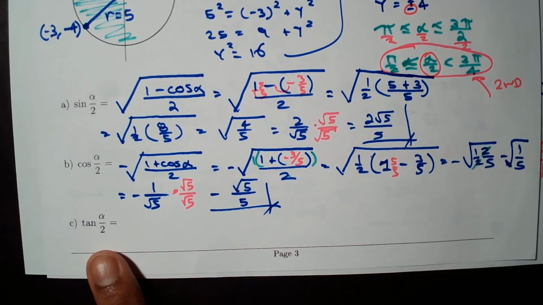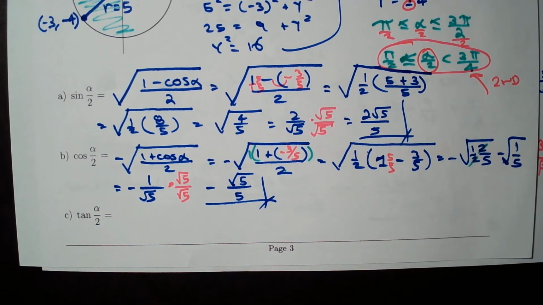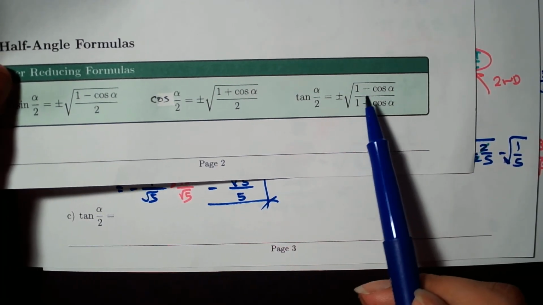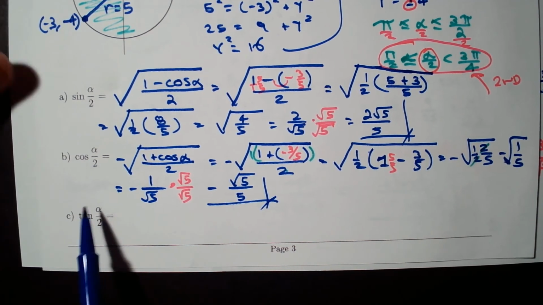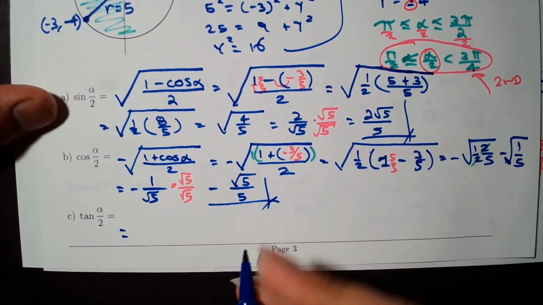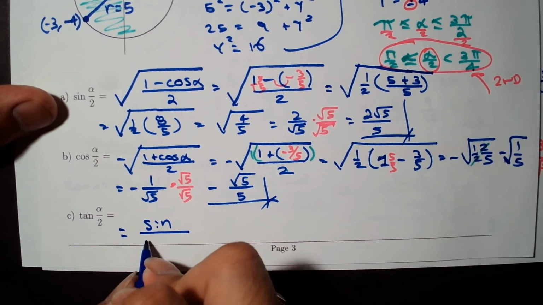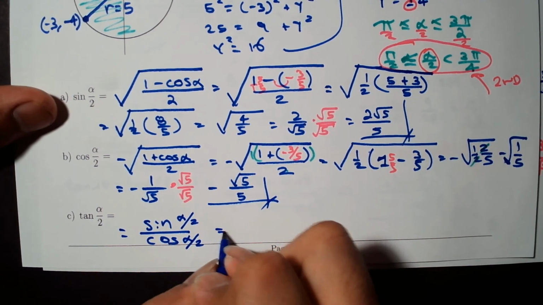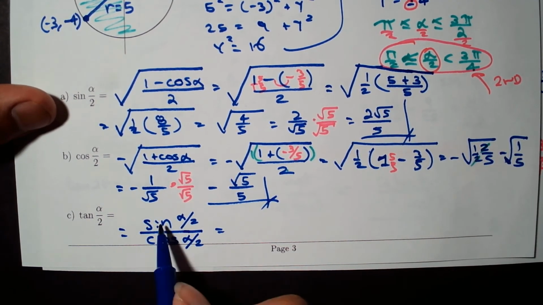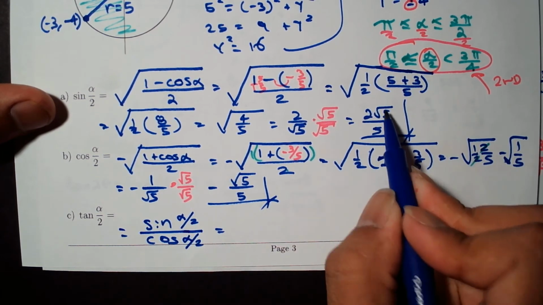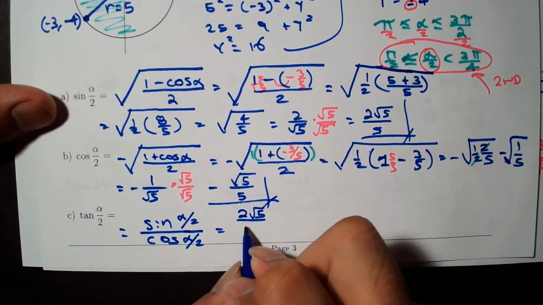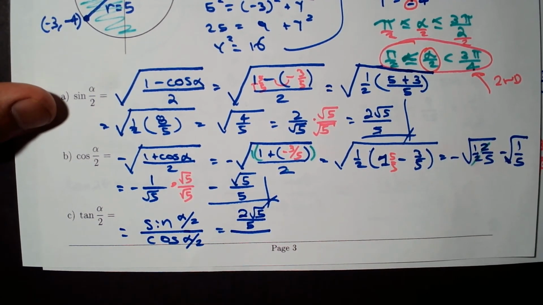Alright, last but not least, just to close this video, tangent of alpha over 2. You might be thinking, do we really have to use this ugly looking formula? Not really, because keep in mind that tangent is the same as sine over cosine, in this case of alpha over 2. We know the value of sine alpha over 2, which is 2 square root of 5 over 5, and we know the value for cosine alpha over 2.